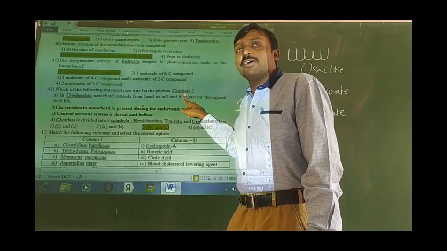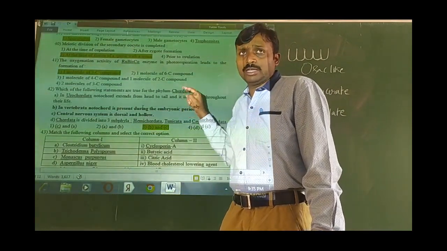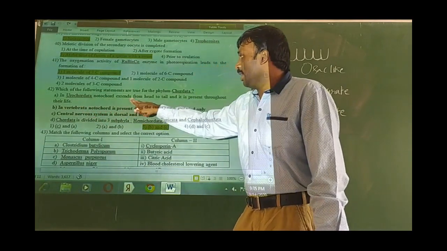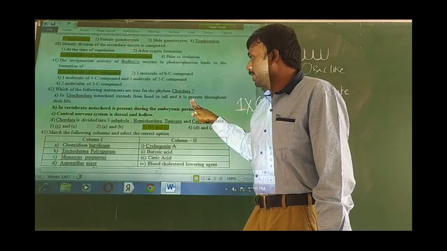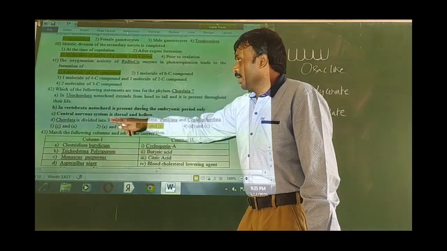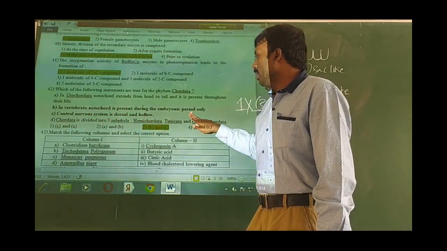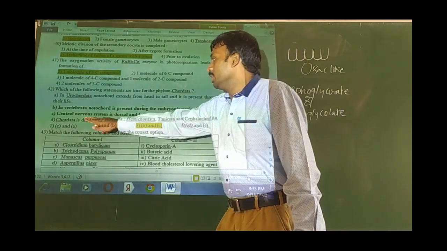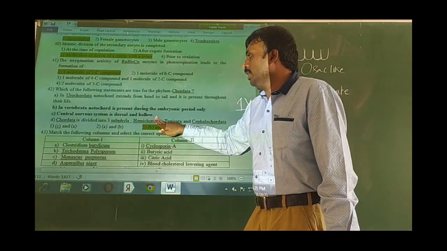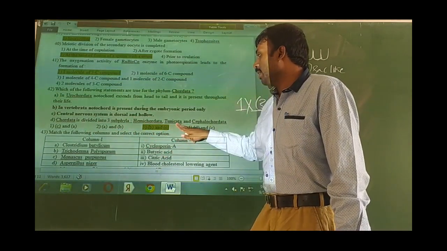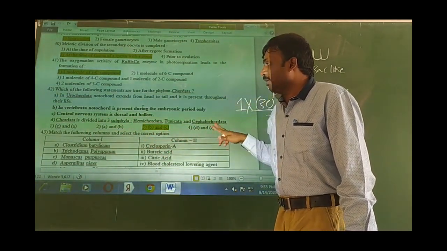Statements true regarding phylum Chordata. Okay, so this is again from our animal kingdom first year syllabus. So Urochordata, notochord extends from head to tail. Okay, so in vertebrata notochord is present during the embryonic period only. Then central nervous system is dorsal and hollow. Chordata is divided into 3 subphyla: hemichordata, tunicata, and cephalochordata.